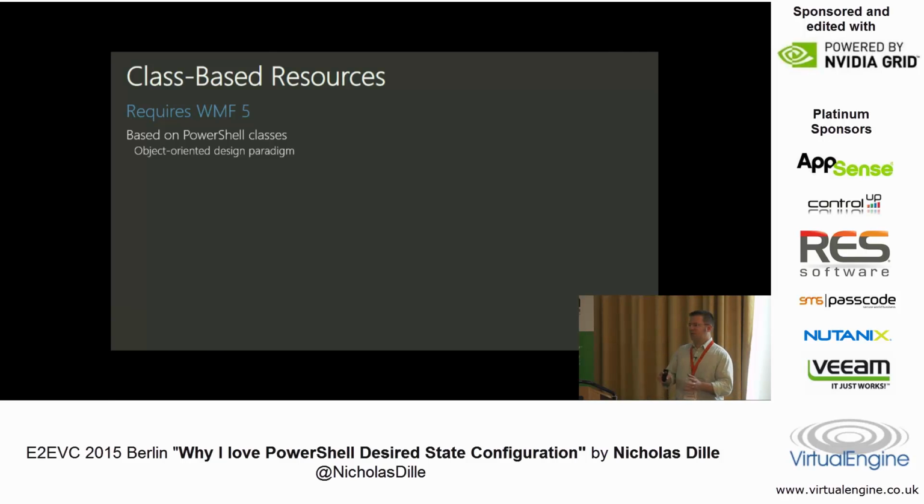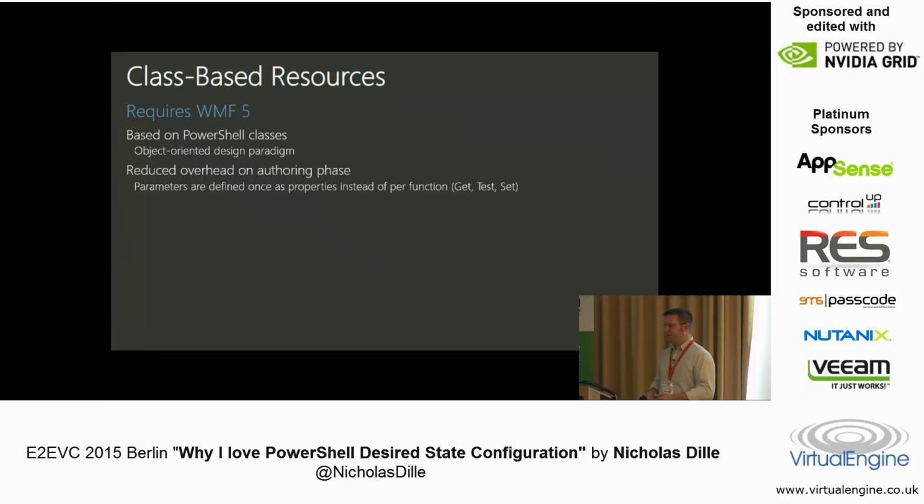That may be great for those of you who have written managed code, done some developing, but for scripters it's also great because when you're authoring a resource, it makes it a lot easier. A traditional resource, not class-based, uses exactly 3 functions, and those 3 functions need exactly the same parameters.